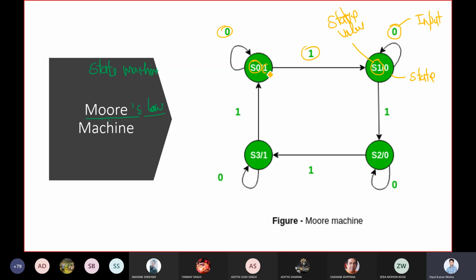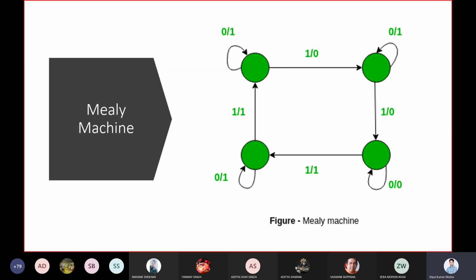And here you have one more thing, that is the output. So ultimately in the Moore machine, we have the state value, the input, the complete state, and the output. Every state has some output and inputs as well, and based on the input, it moves from one state to another. So this is one kind of state machine.